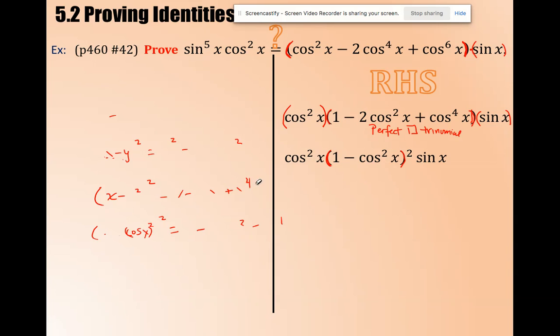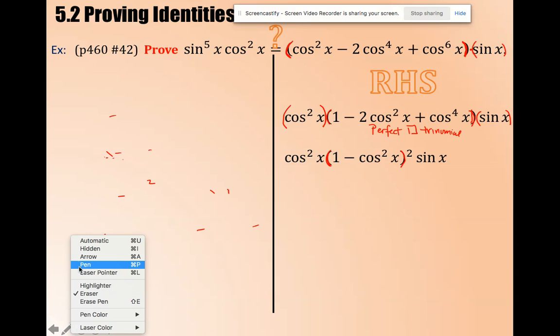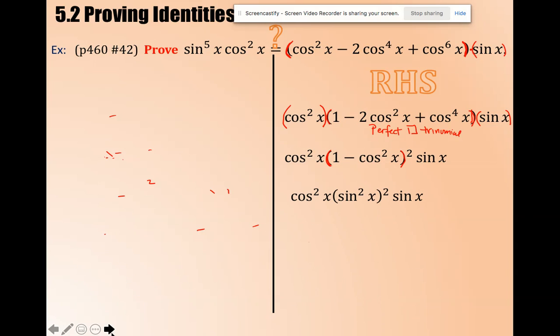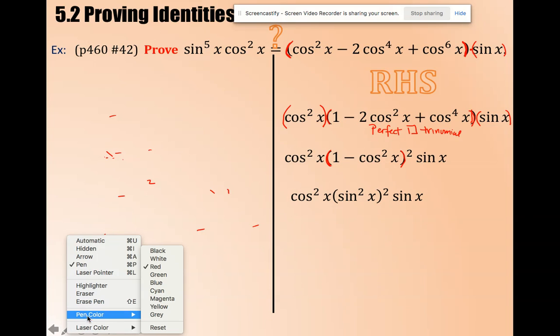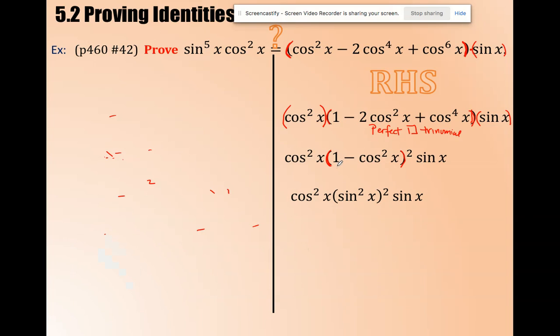Okay, let's go on. How does that help? What am I going to do now? Can you see? What did I do? Inside this parenthesis is a Pythagorean identity.